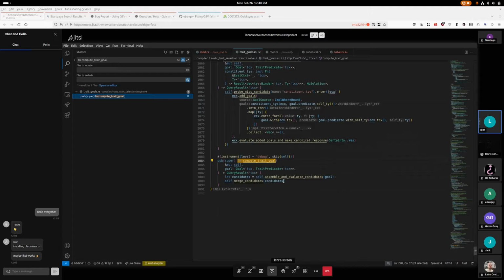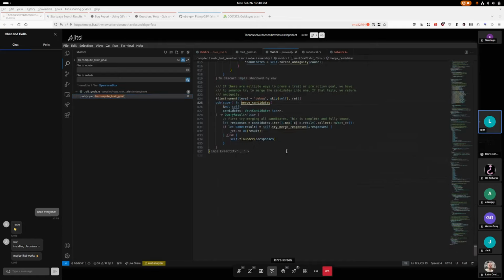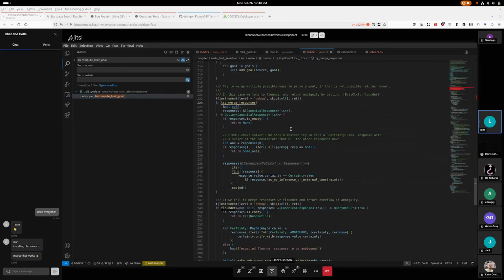Once we've assembled all the candidates, there could be more than one, and we have to eagerly merge them into a single candidate. And that happens in merge candidates, which is very simple for now. If there are no candidates, we fail.